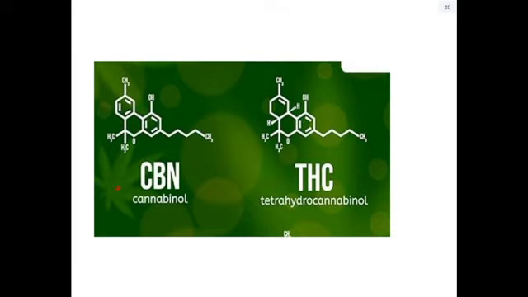And this is the cannabinol. If you look at the cannabinol, that's the structure. You can see this is the ring we are talking about here. So it's a benzene ring. When you look at the tetrahydrocannabinol, which is found in the cannabis sativa, you can see this saturation of that benzene ring.